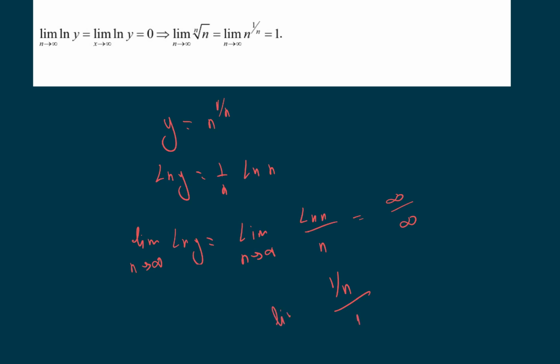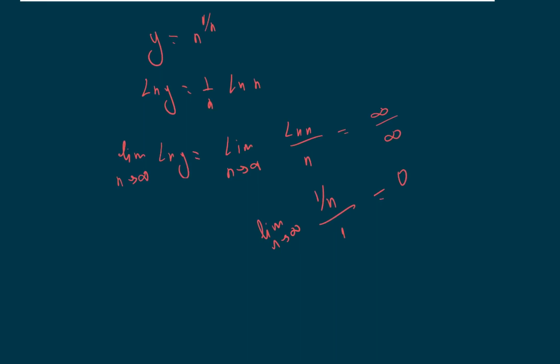So the limit when n goes to infinity will go to 0, because 1 divided by infinity goes to 0. So the limit of the natural log of y, remember that y is n to the 1/n, when n goes to infinity goes to 0. So the natural log in base e, of course, of y is equal to 0. So y is e to the 0, and e to the 0 is 1.